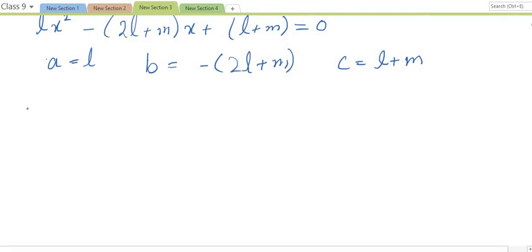Then it becomes the quadratic formula: minus b, minus 1 is plus 2l plus m, plus minus the square root of b square.